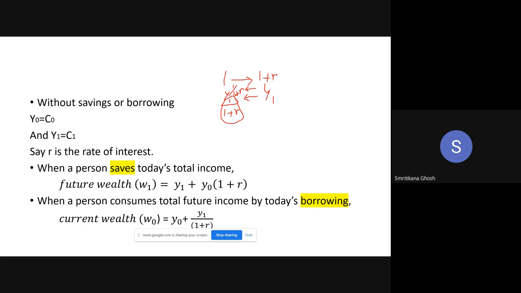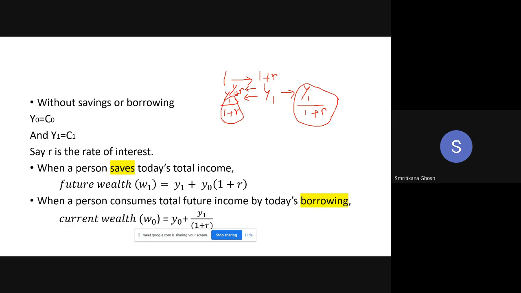With Y1, how much can you borrow today? Y1 divided by 1 plus r. This is the maximum borrowing you can do today given your tomorrow's income Y1.